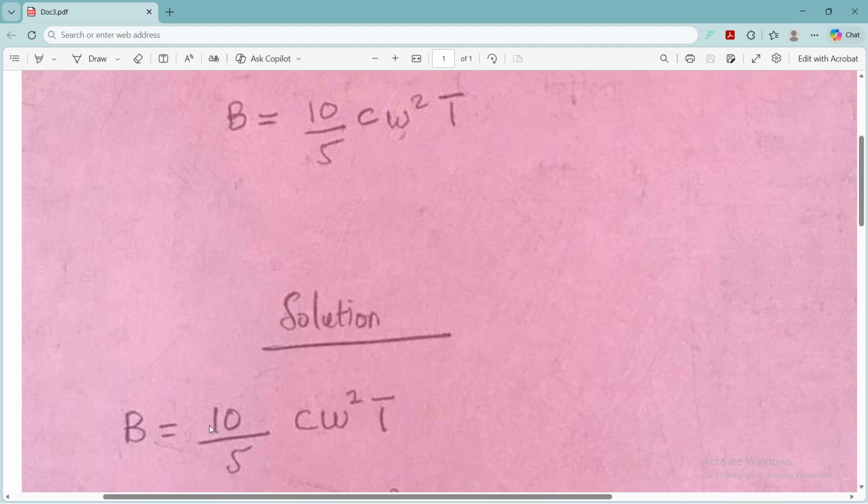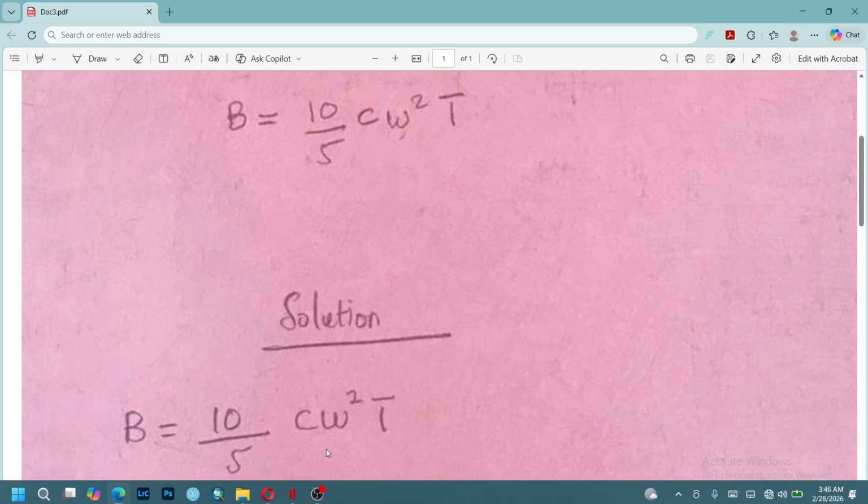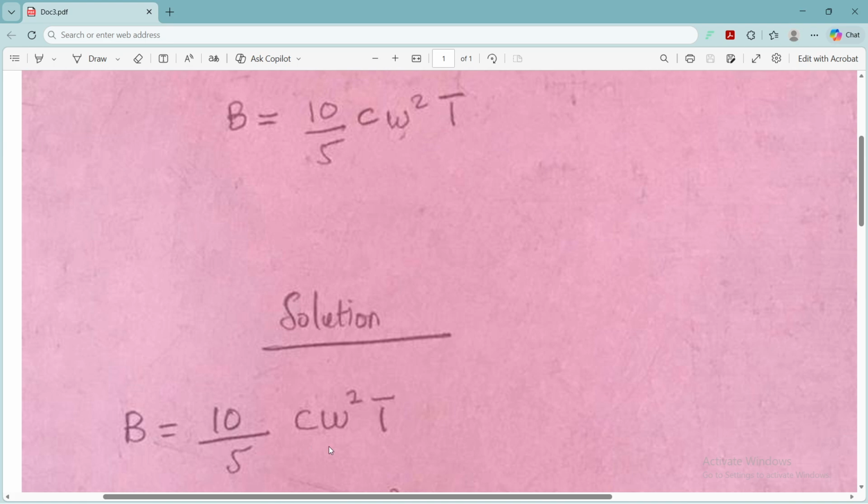The fraction 10 divided by 5cw squared t are together, so we multiply the entire equation by 5.